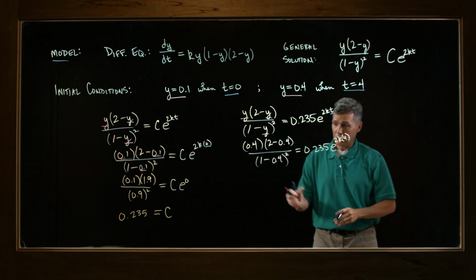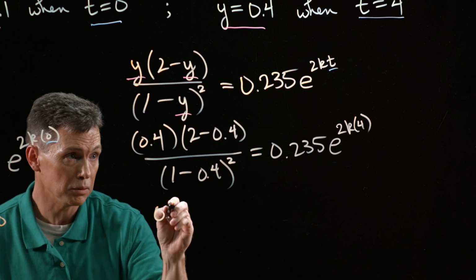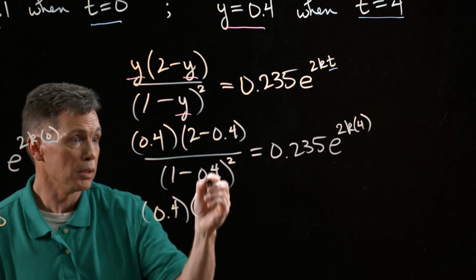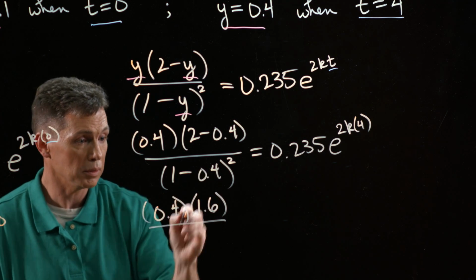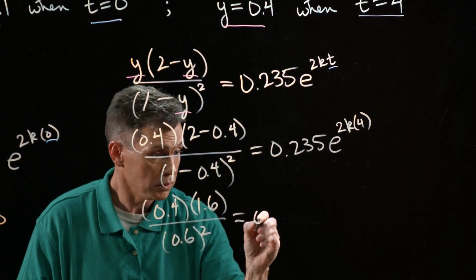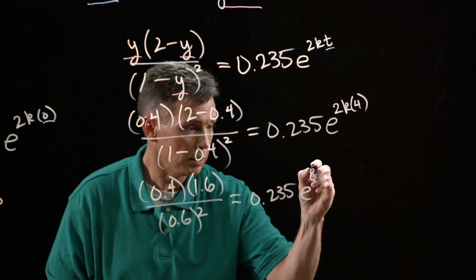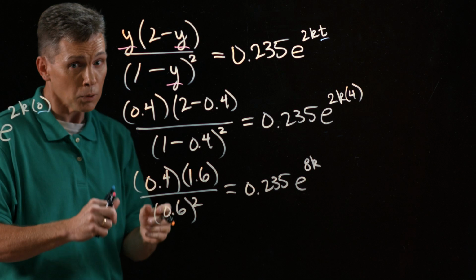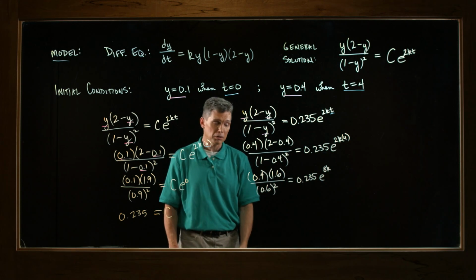And I'll clean up a little bit. I'm going to do a little bit of arithmetic in my head again before I go to the calculator. 0.4 times 1.6, and then (1 - 0.4) is 0.6 squared, equals 0.235 e raised to the 8k. Now that left-hand side, I would default to a calculator.